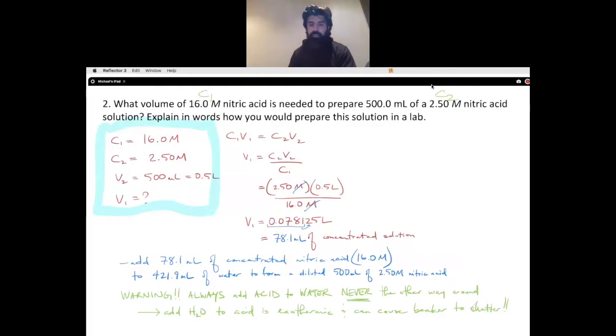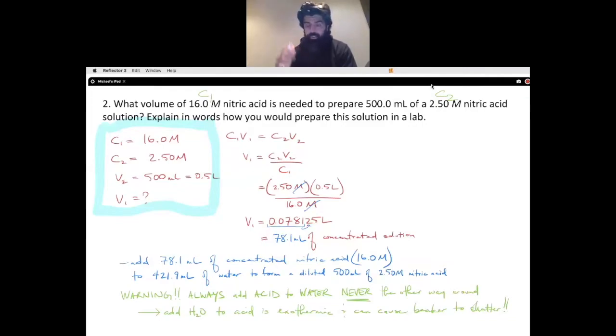I converted liters back to milliliters, because how am I going to prepare this solution? If I was to tell someone, I need you to calculate for me 0.0781 liters, that's going to be impossible to measure with any of the beakers or graduated cylinders you'll find in a science lab. That's the reason why I converted it back to milliliters.